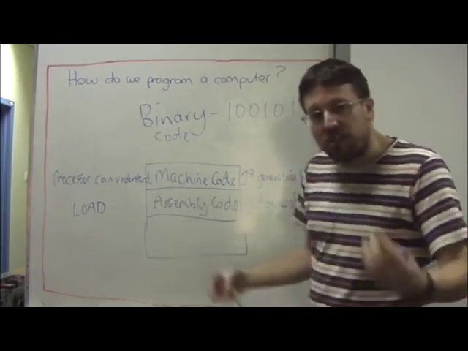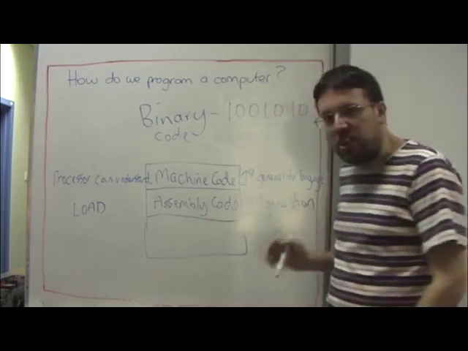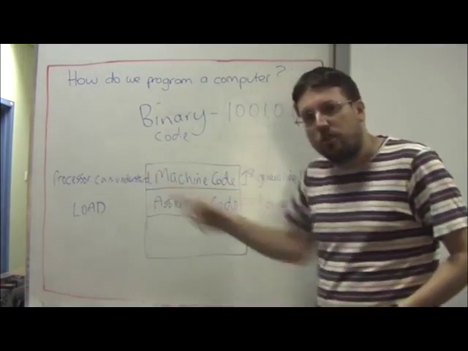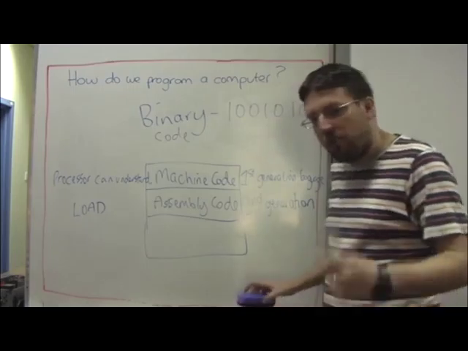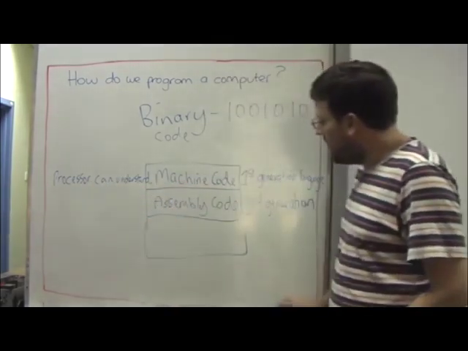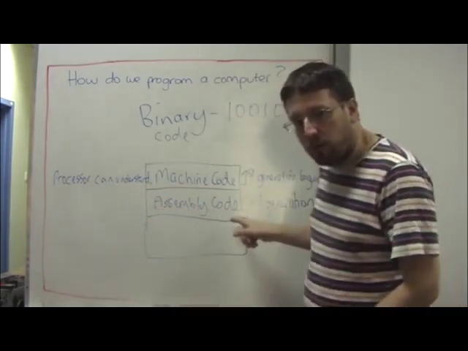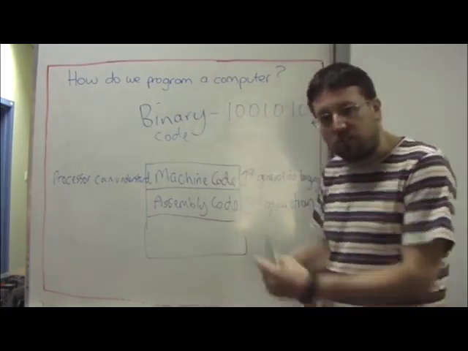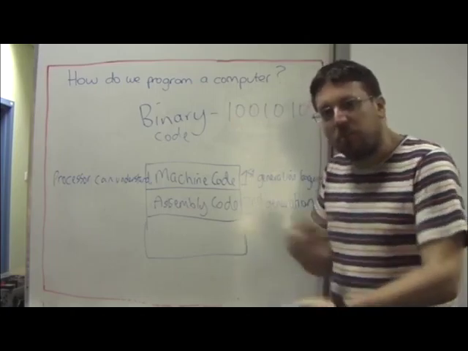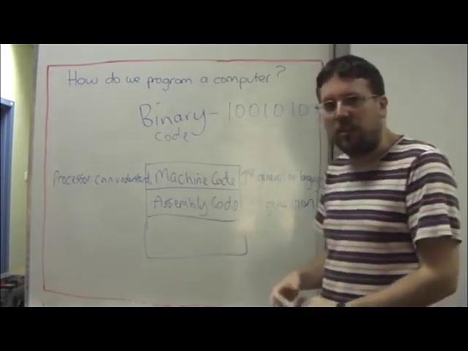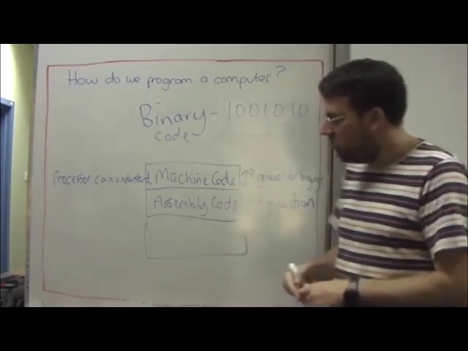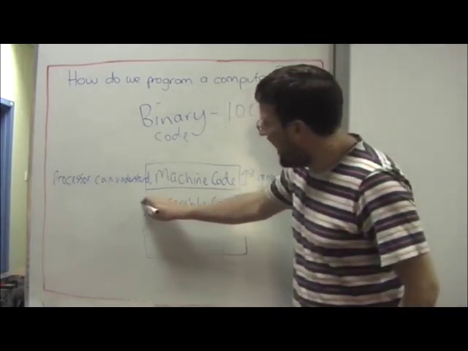Now all of a sudden, in a second generation language, we are no longer writing instructions that the processor can directly understand. Although it's one machine code instruction to one assembly code instruction, we still need to translate them. To translate our assembly code instructions into machine code, we need to use something, and I'll put a little arrow to show that.